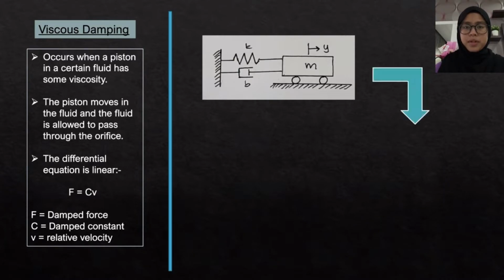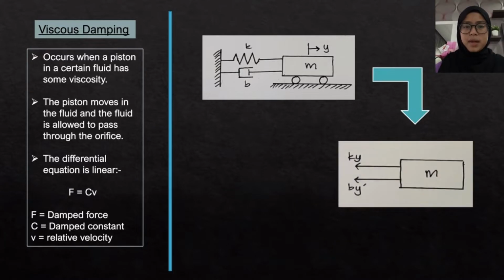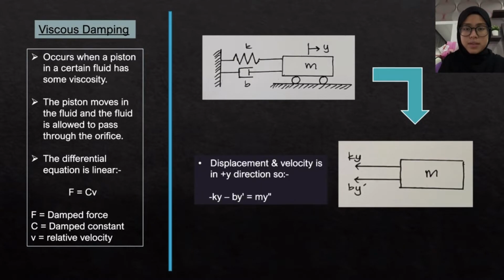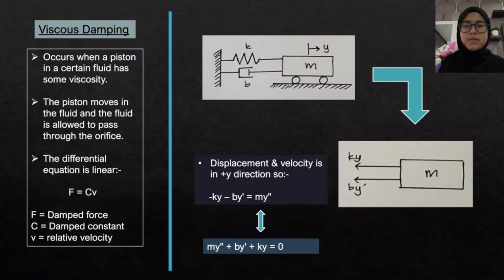By doing the free body diagram here, assuming that both displacement and velocity are in the positive y direction, we will get this equation with negative ky minus by first derivative equals to my second derivative. And by arranging it, we will get the damped free vibration equation, where my second derivative plus by first derivative plus ky equals to 0.